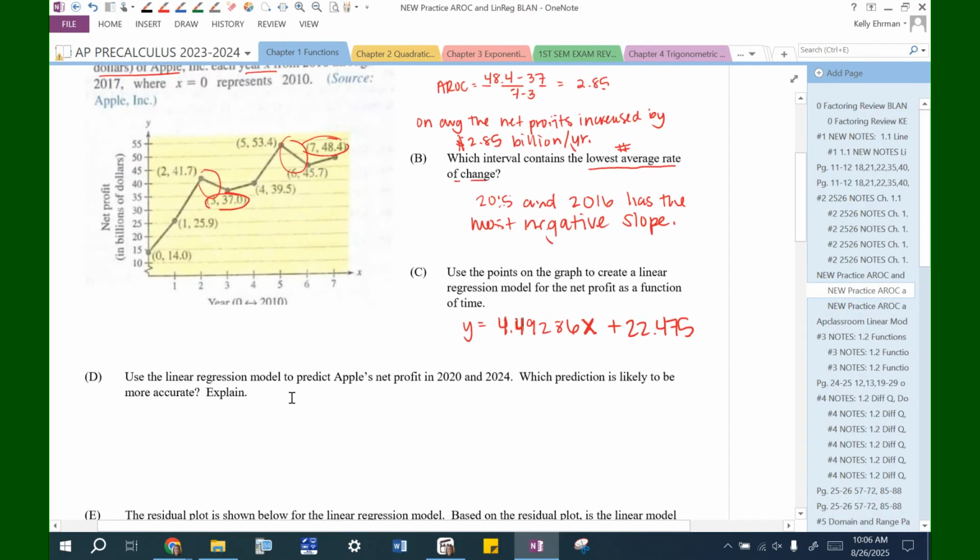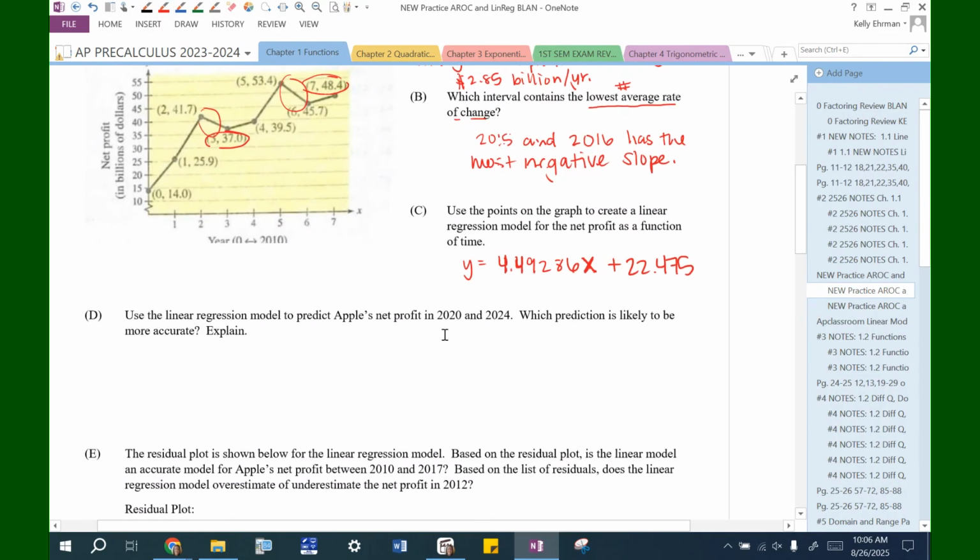And then use the linear regression model to predict Apple's net profit in 2020 and in 2024. Which prediction is likely to be more accurate? Before I even calculate these, the one that is more accurate is always the one that's closer to the original data set. The original data set goes from 2010 to 2017. So 2020 is closer to 2017 than 2024.